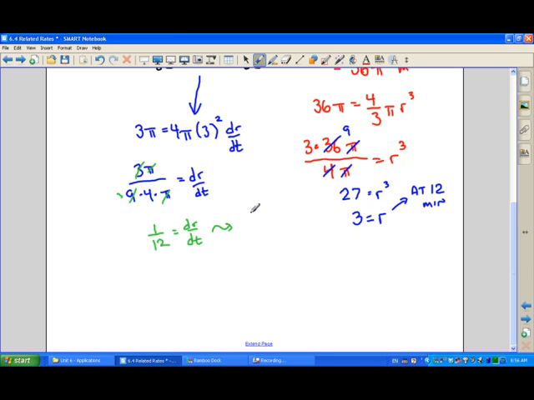But we wanted the change in diameter with respect to time. And we know that diameter is twice the radius, so I can multiply the change in radius with respect to time by 2 to get the change in diameter with respect to time.